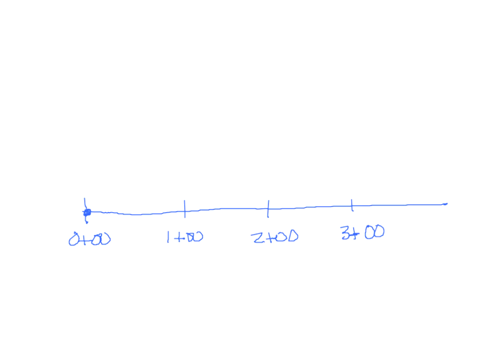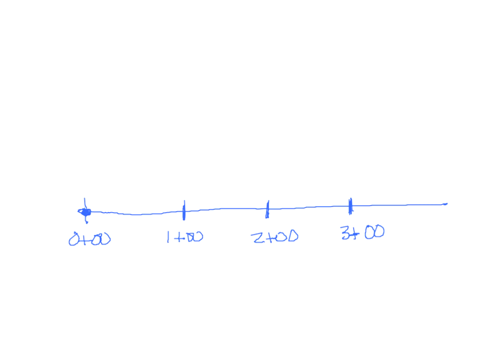When we look at stationing, let's start with that. 0 plus 00. This point right here would be 1 plus 00, 2 plus 00, 3 plus 00. This thing isn't always the easiest to write with. Okay, so when we look at stationing, we're looking at a horizontal line of measurement.